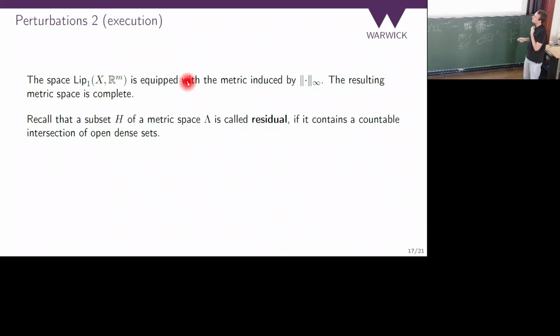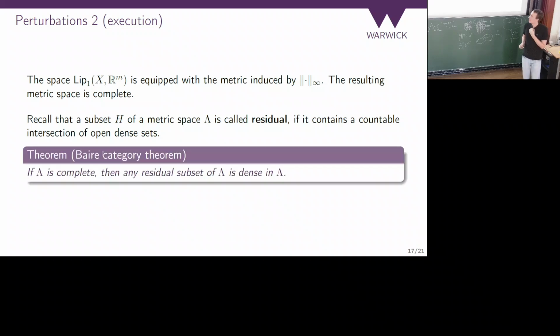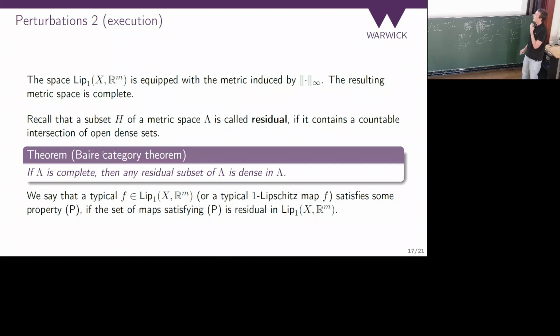So we recall that a subset of a metric space Λ is called residual if it contains a countable intersection of open dense sets. And then we have the Baire category theorem, which says that if Λ is complete, then any residual subset is dense. Which means that you can think of residual subsets as being large. And we'll use this language.